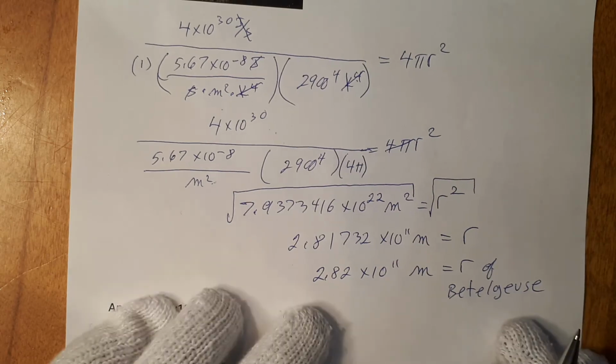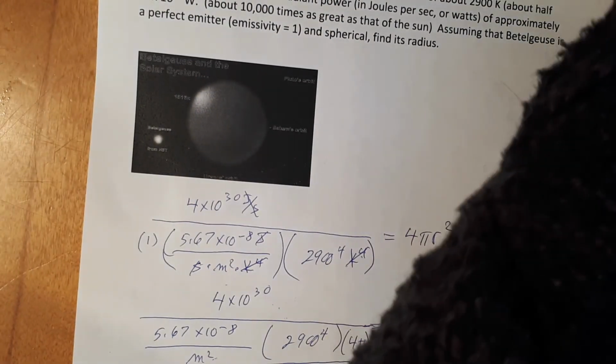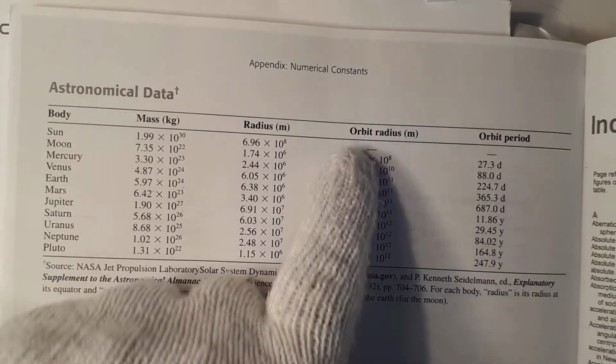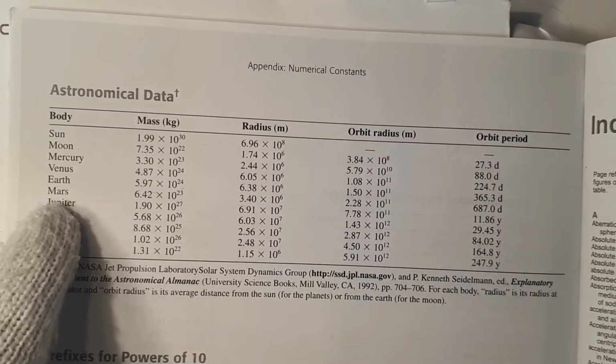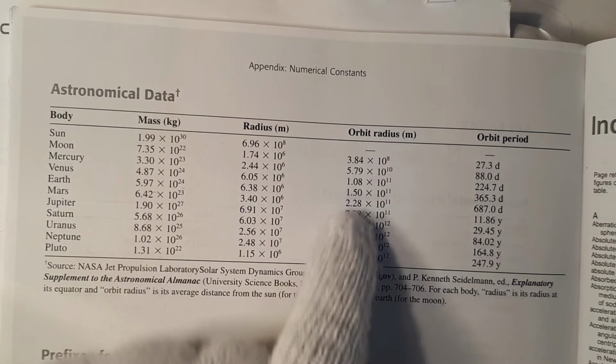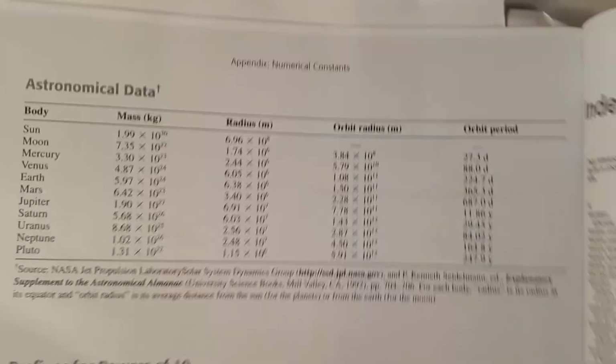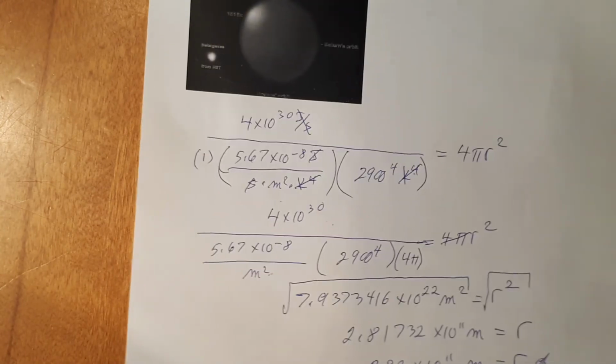How big is that? Well, if I look at some values of our planets and the radiuses that they orbit our sun, here are some terms of our planets and their orbit radius around our sun. Betelgeuse would occupy a space about this large, just over.